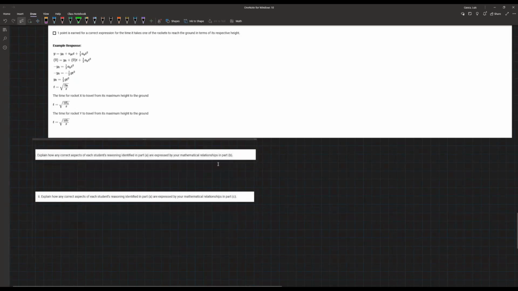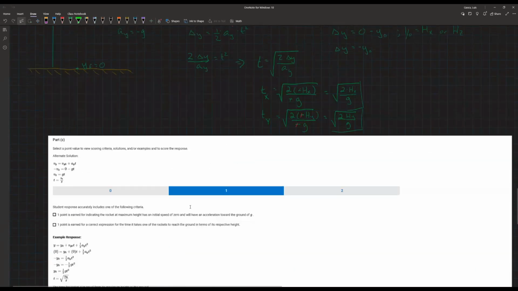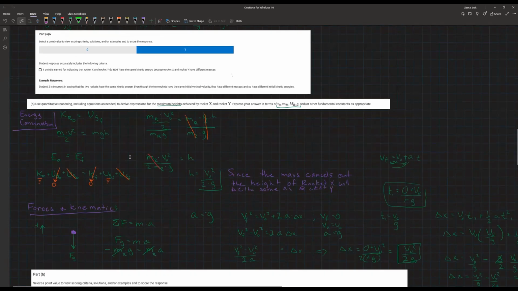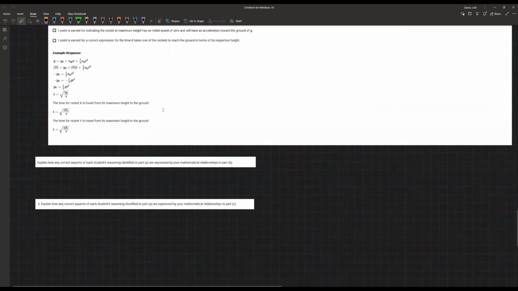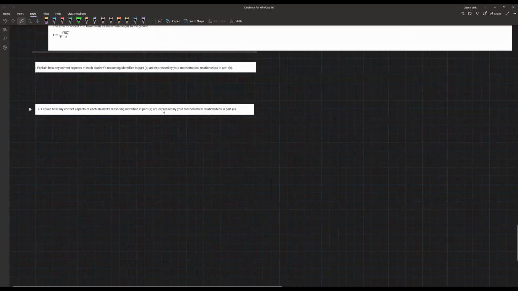Explain how any correct aspects of the student's rationale identified in part A are expressed in your mathematical relationships for part B. So in part B, we were talking about the maximum heights and the times. Let's break it down by student 1 and then student 2.